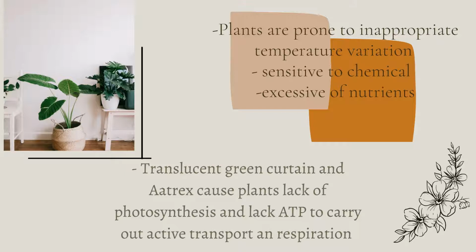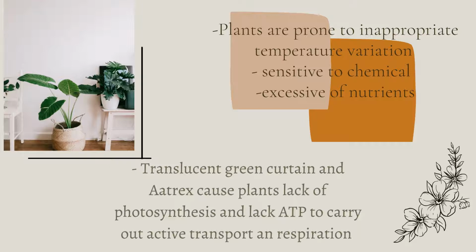Plants are prone to inappropriate temperature variation, are sensitive to chemicals, and to excessive nutrition. They also require a certain soil composition and pH level. Each plant has different lighting requirements, and they are often prey to pests and certain diseases, and many other factors affect their health.